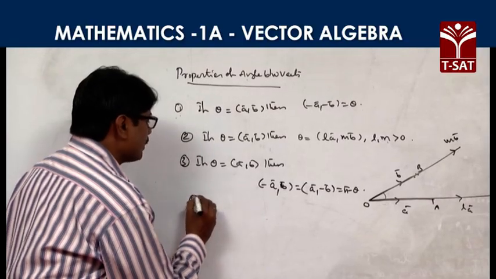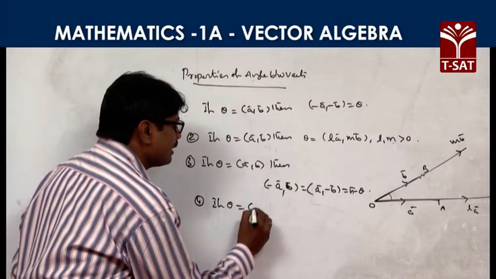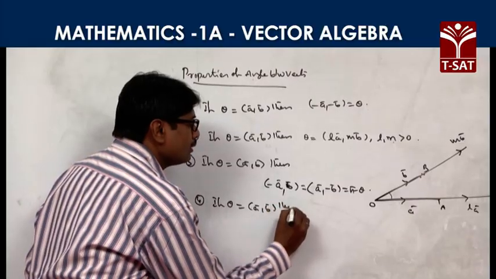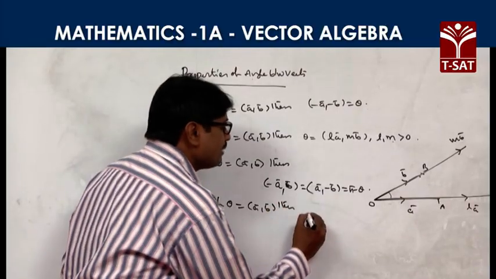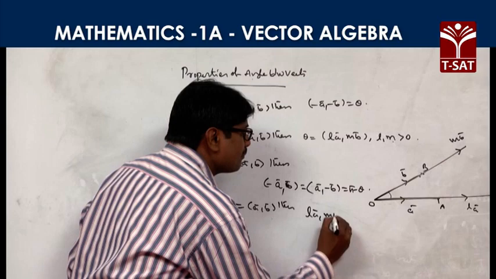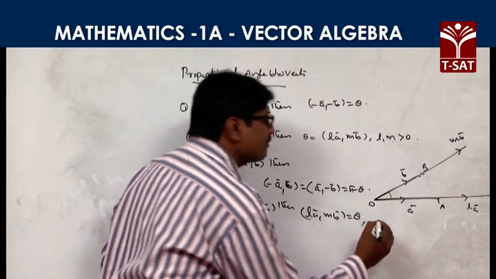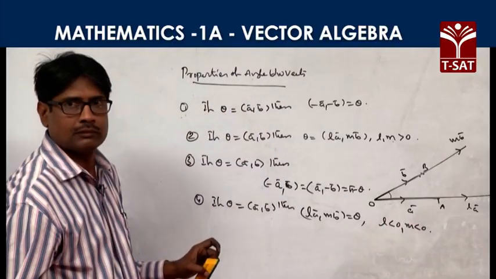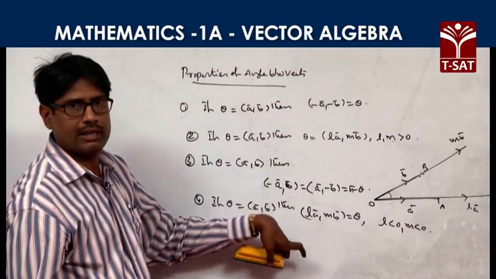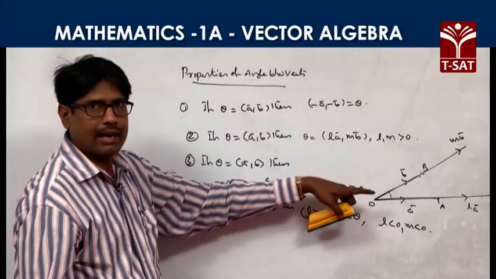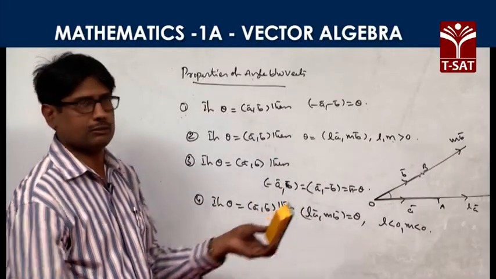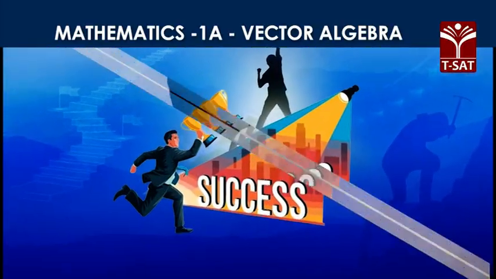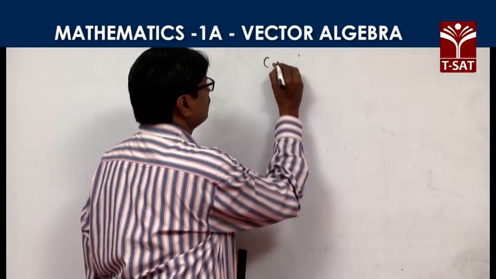Similarly, fourth property, if theta is the angle between A bar and B bar, then the angle between LA bar and MB bar will be equal to theta if L is negative and M is also negative. These are the angle between the vectors properties. If you extend the line, the angle is not going to change. Next, coming to coplanar vectors.